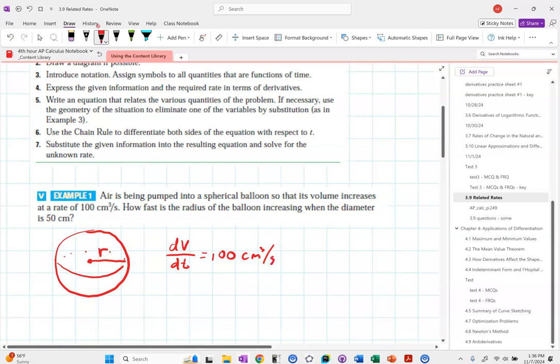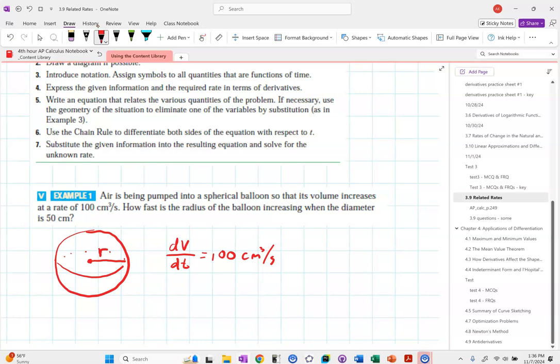Everybody's okay with that? How did I know it was positive? Increases. Sometimes it'll be pretty evident whether it's positive or negative, but they'll hide it sometimes too. And we'll look at an example in a moment where we're going to hide whether those rates need to be positive or negative.